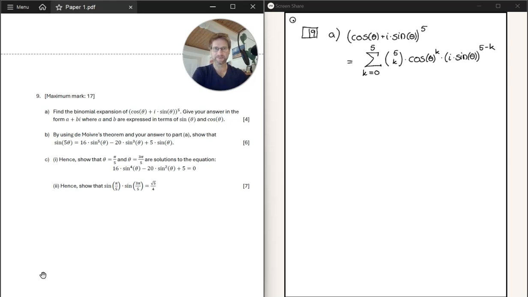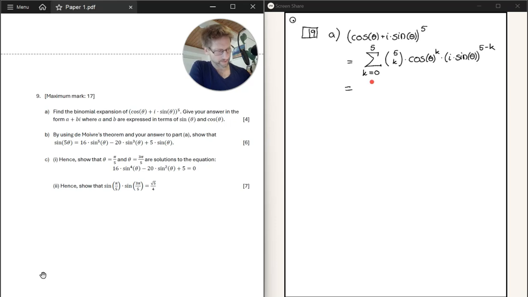That is the business we have to go through, and this becomes long, because now we want to write up, they say we have to give the answer in the form a plus b times I, where a and b are expressed in terms of sine of theta and cosine of theta. So to do that, we actually need to write up all the terms.